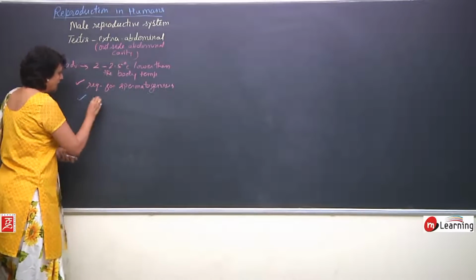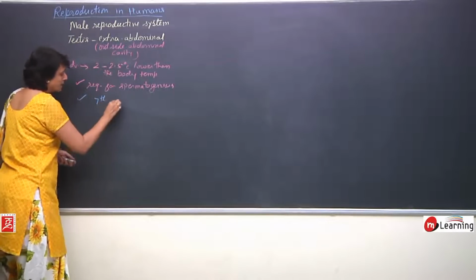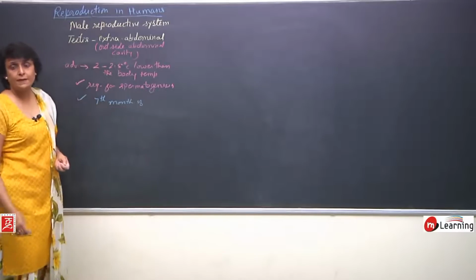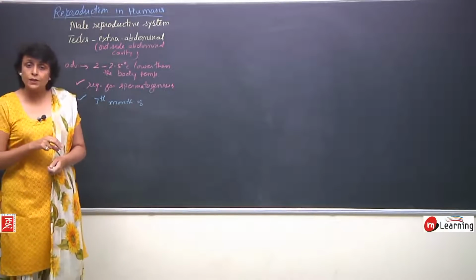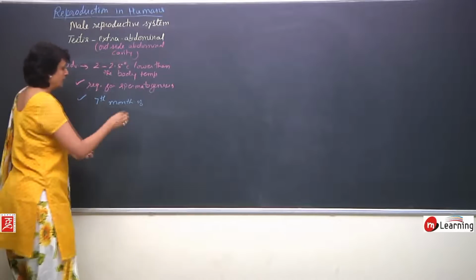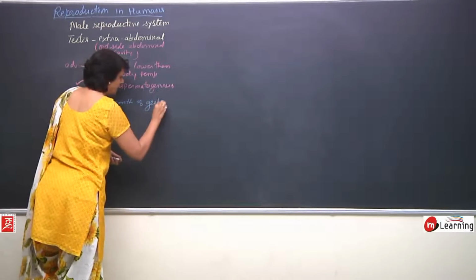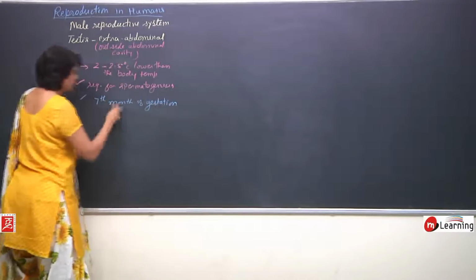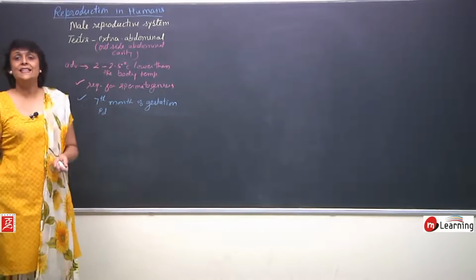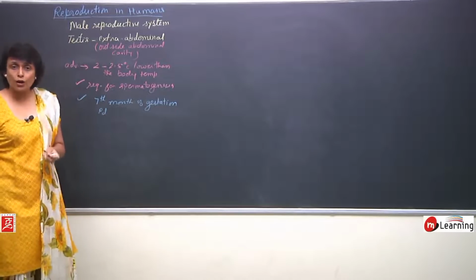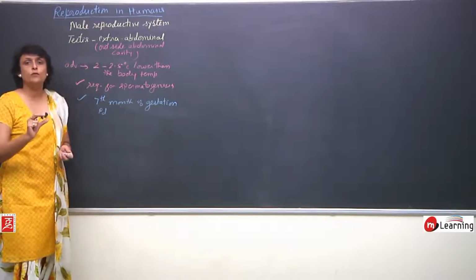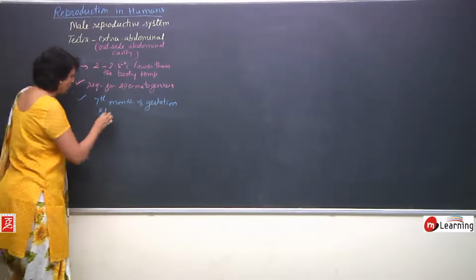But in the 7th month of gestation period, while the fetus is still in the mother's womb, these testes descend into the scrotal sac. That means they are formed in the abdominal cavity, then they move down into the scrotal sac.